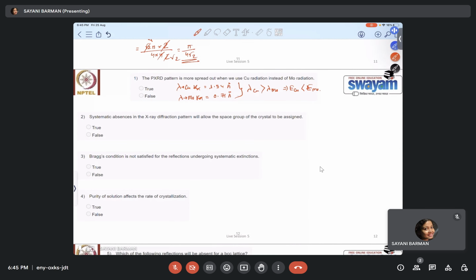Okay, more penetration power, I'll just write here: more penetration power means the diffraction signal comes from deeper layers. Right.